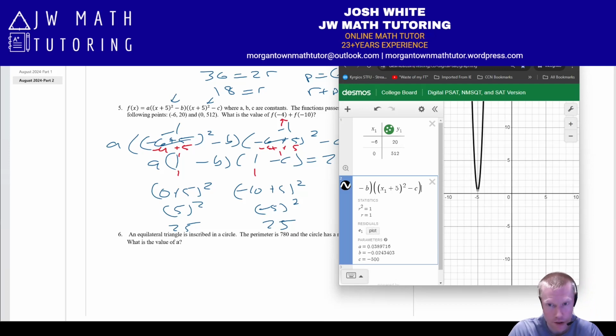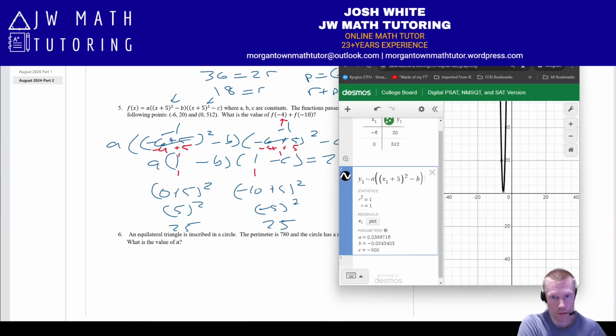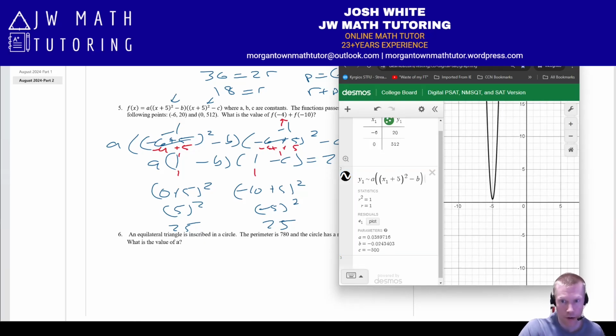Okay, so let's see here. X is 5 squared, x is 5 squared, yes. Okay. Wait, making sure those are multiplied by each other. Yeah, those are multiplied by each other. Okay. So we enter the values in. It gives us values for A, B, and C here.